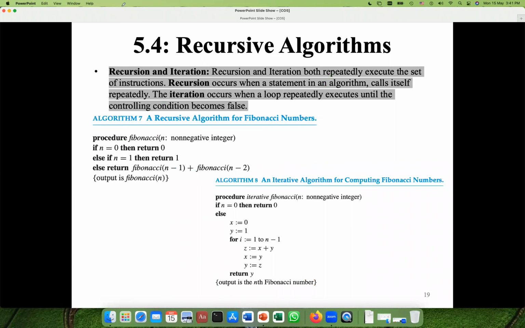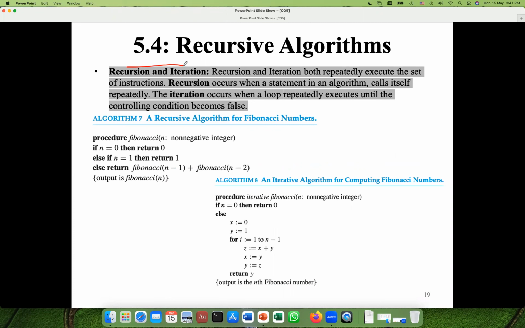So now what is the difference between recursion and iteration, whatever you want to say? You know that recursion is something in which an algorithm calls itself. That is called recursion. And iteration is what? We can rephrase this definition again.